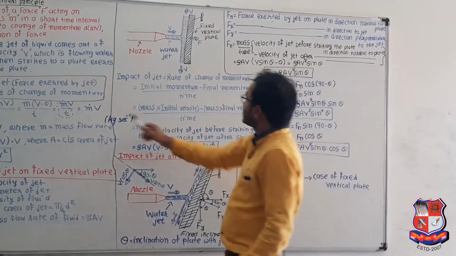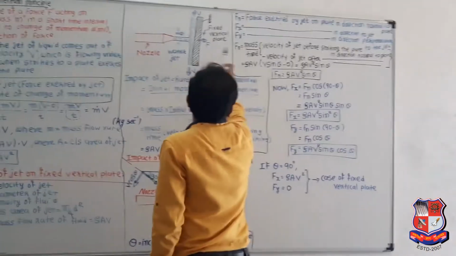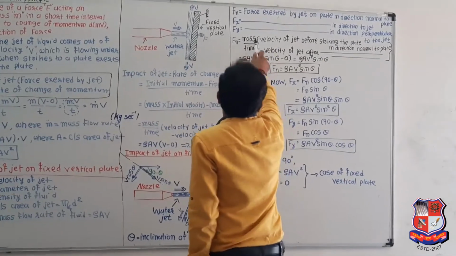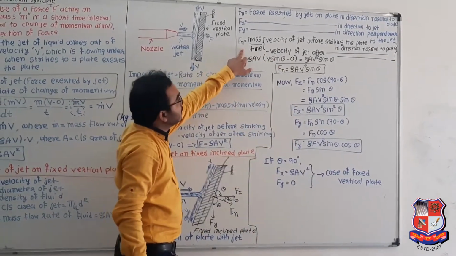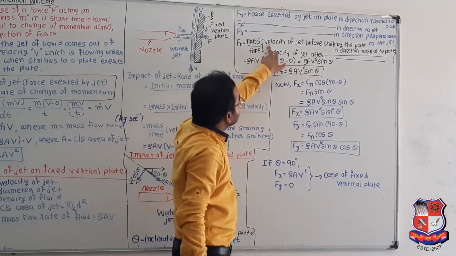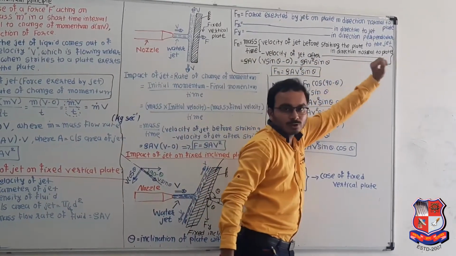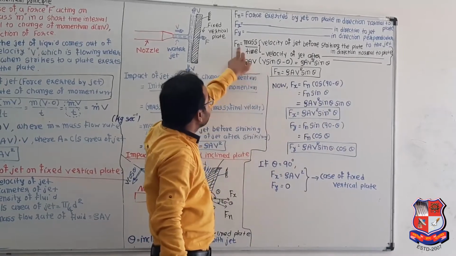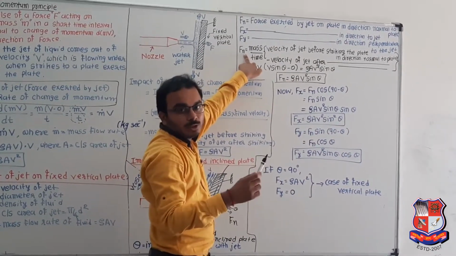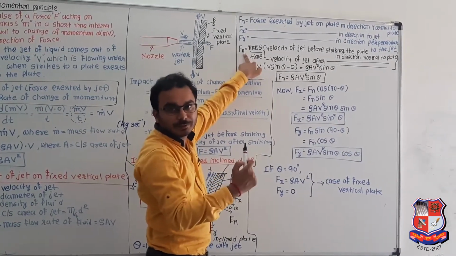Now we will again utilize this equation, which is Fn is equal to mass upon time into the bracket velocity of jet before striking the plate in the direction normal to the plate. You see, we are calculating Fn, so we need to take velocities in normal direction only.